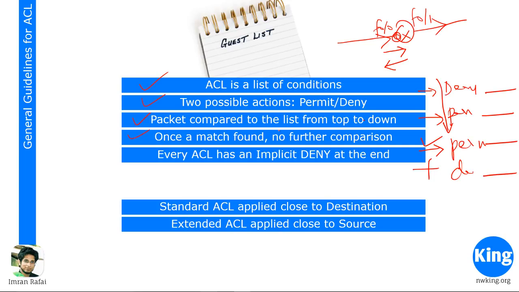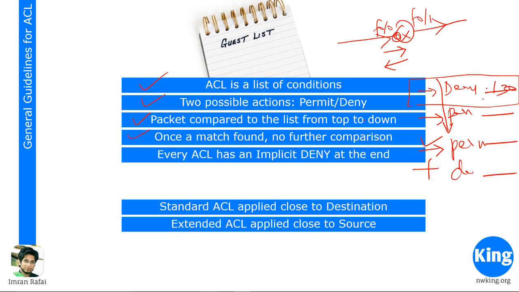Also, whenever you write an ACL, there is an implicit deny all traffic at the end, right? For instance, say you are going to deny traffic 192.168.1.30 and you put just one line in your ACL, deny 1.30, and you want everything else to be permitted.